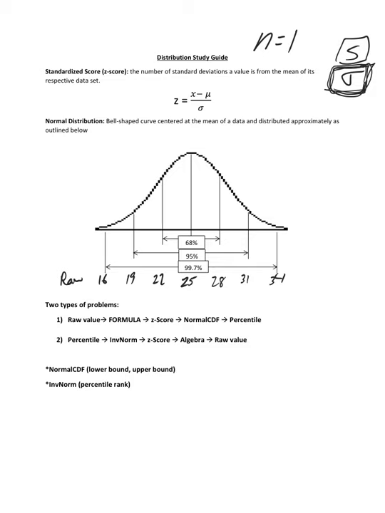Now, you can take those raw values and actually apply this standardized score formula here, the z formula, which takes your raw value and subtracts the mean. In this case, we're saying the mean ACT here is 25. So, for instance, if you have an ACT of 28, you are 3 above the mean.